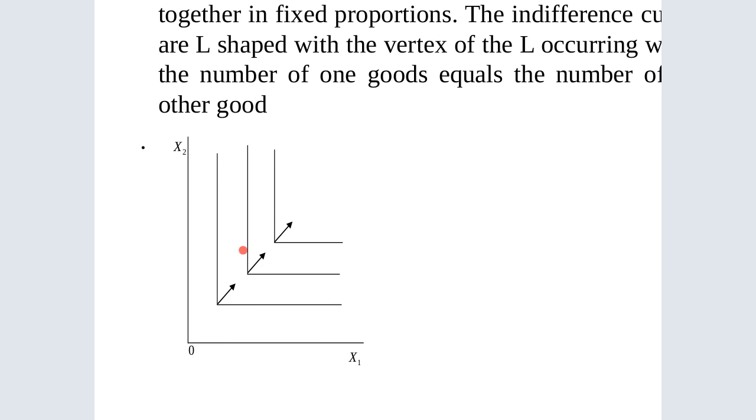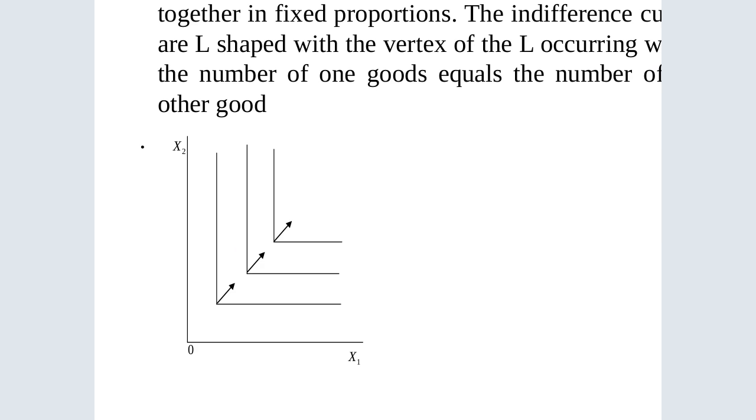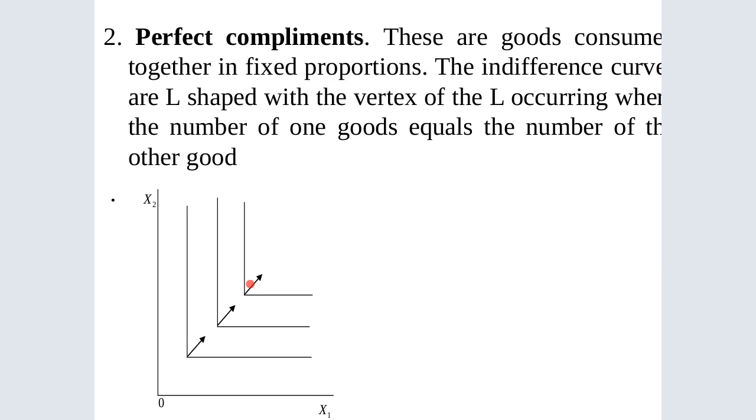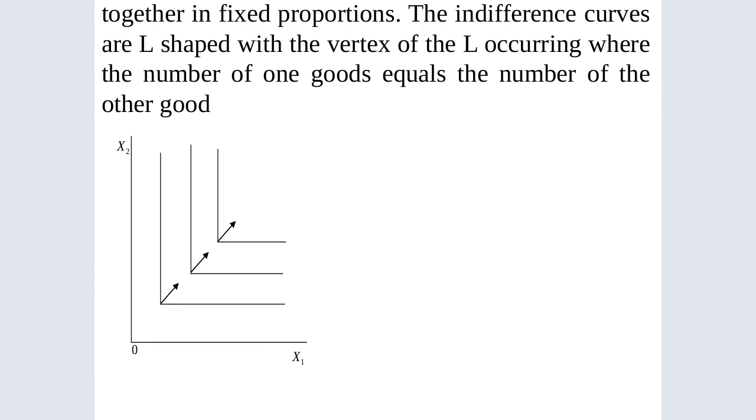So if we are consuming, for example, two goods, X1 and X2, you can see where the vertex of the L is. Where that vertex is, it means those goods are consumed in fixed proportions, and at that point those goods are equal. It is the same proportion of the goods at that vertex.